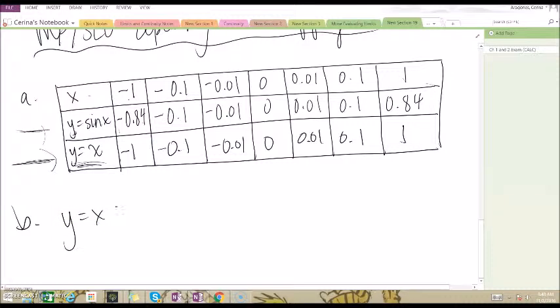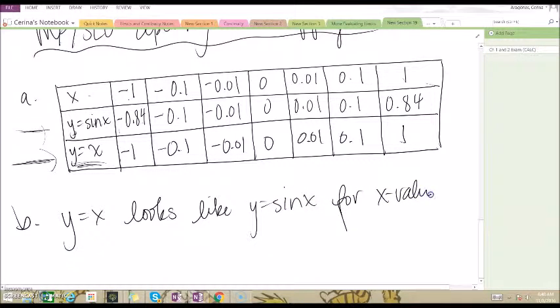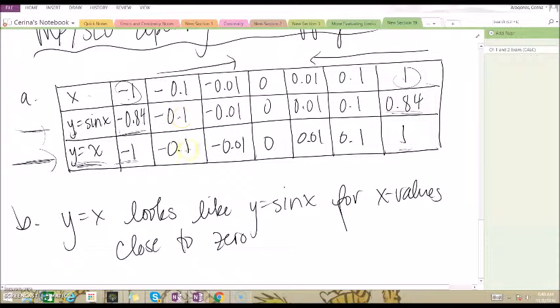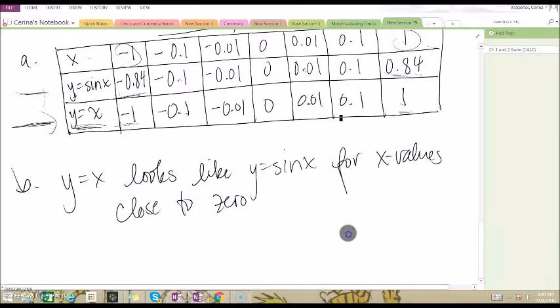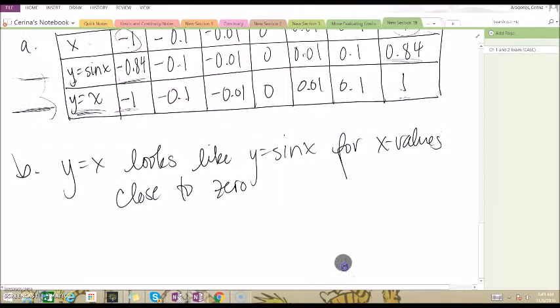So y equals x looks like y equals sine of x for x values close to 0. So obviously here at -1 and 1, your values aren't really the same. But as you get closer and closer to 0, your y values start being the same for the two functions.